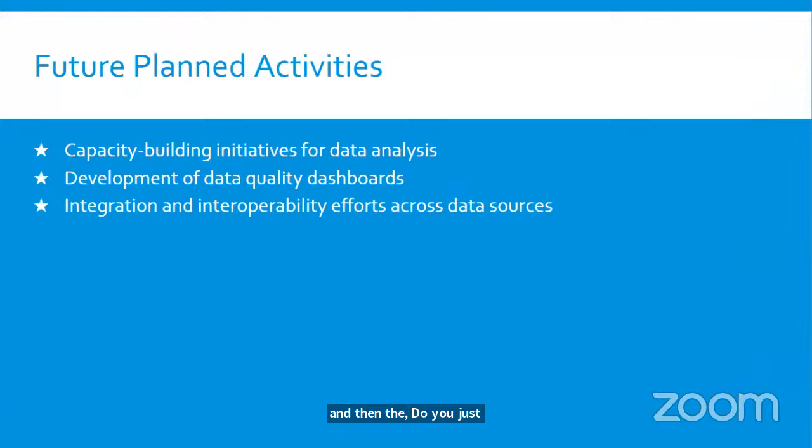The future plan now for using this information to combat NCDs is mostly capacity building for data use. There is a lot of data, as I said, individual data being collected, but not fully exploited. There is development of these data quality dashboards, and also the continuous integration of different systems.